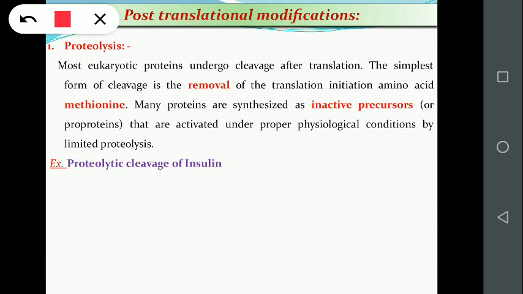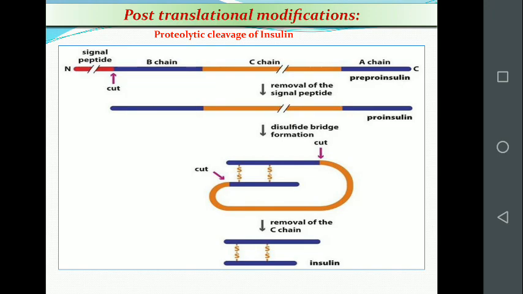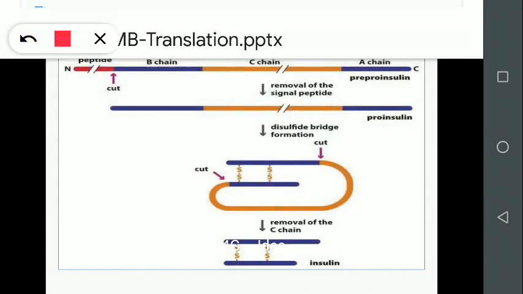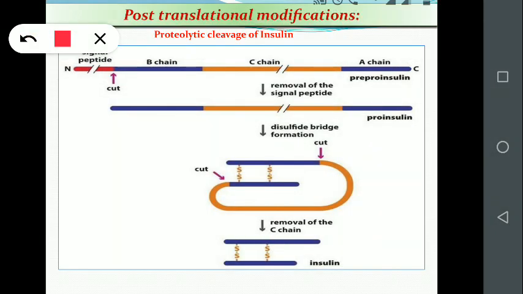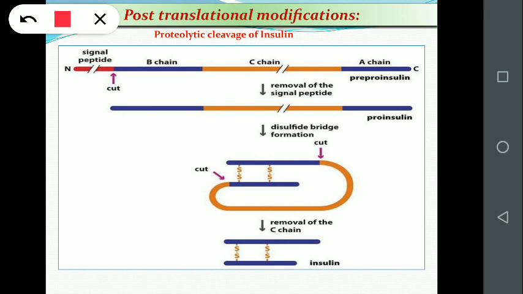The best example to explain proteolysis as a post translational modification is the proteolytic cleavage of insulin. Insulin is a peptide hormone which contains two chains.